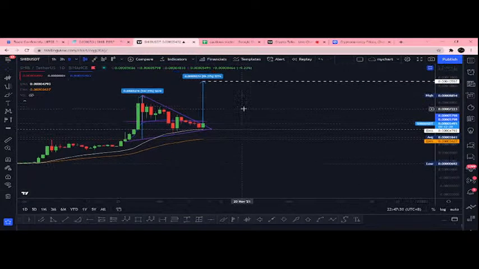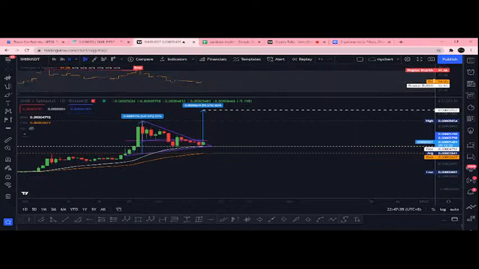But I think it will continue to do so over the next couple of days. There is actually a divergence at this area, so that's the divergence point.